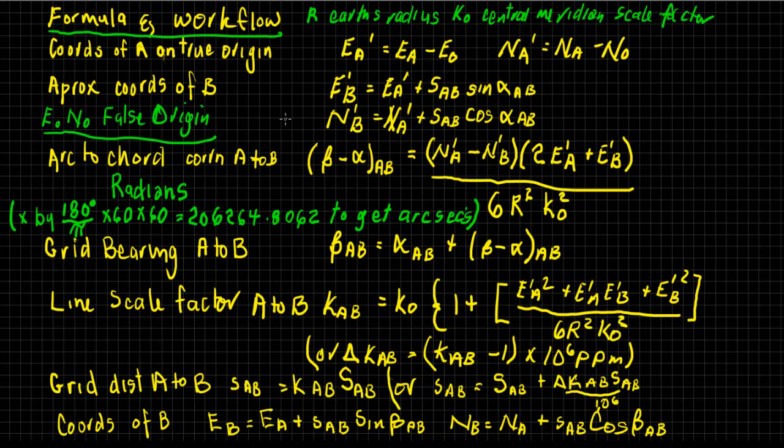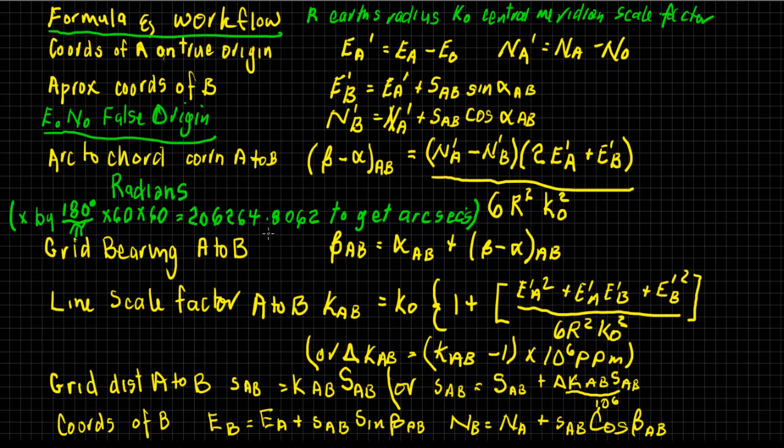Now for the arc to chord correction, A to B, we've got a little beta minus alpha, which is typically how the arc to chord correction is shown, and here's the formula for that. Note that in this formula the values are given in radians. So once we've got the radians, we multiply by 180 over pi times 60, which gives us approximately 264.8062.